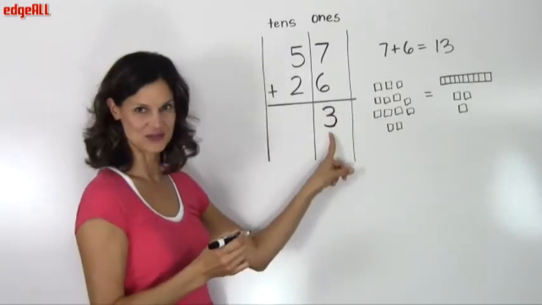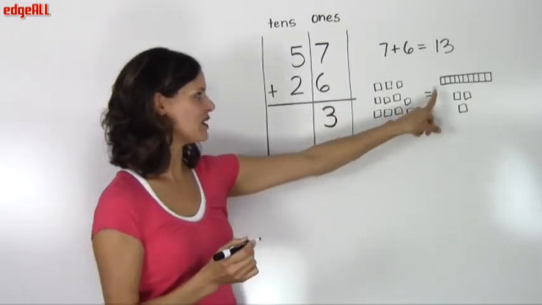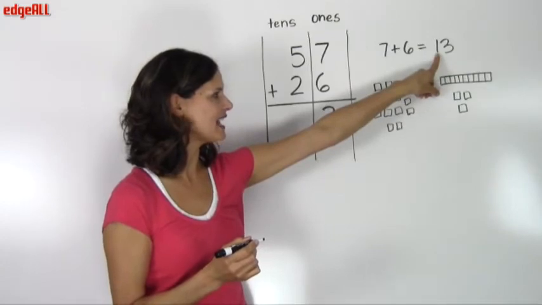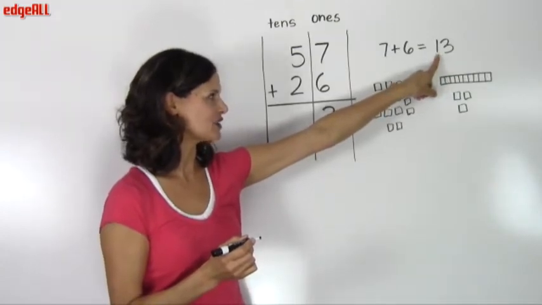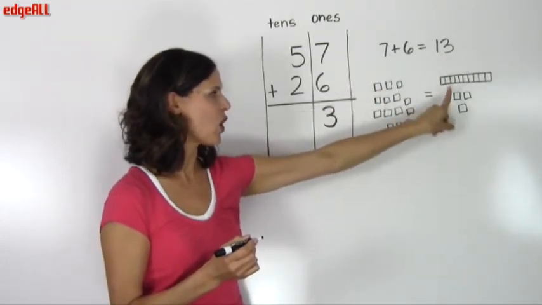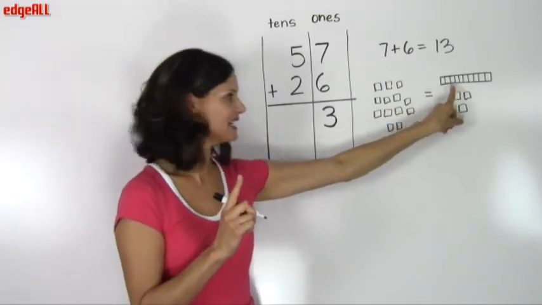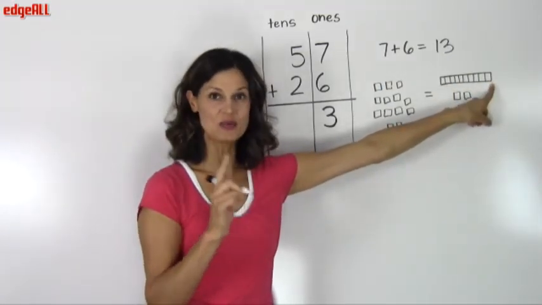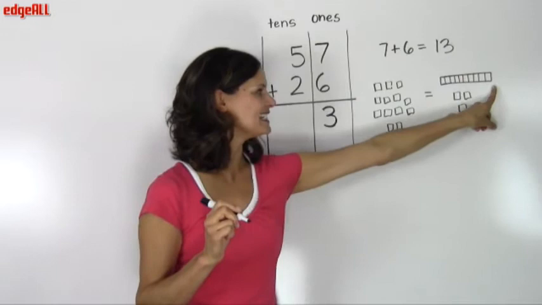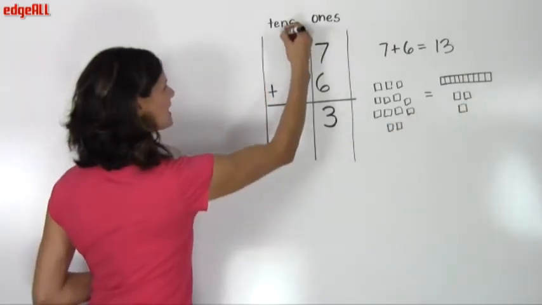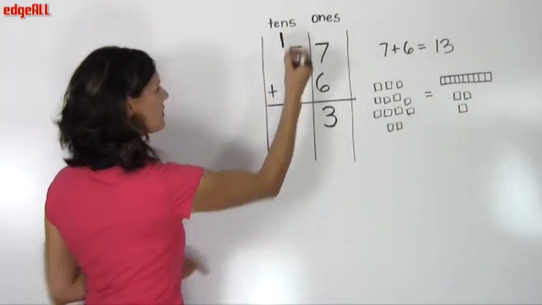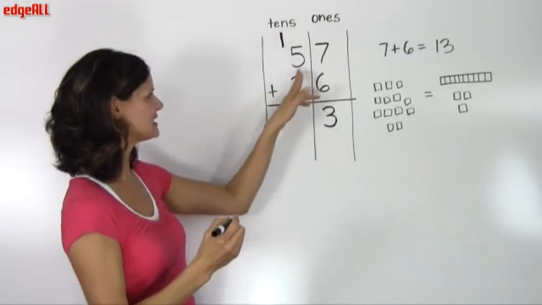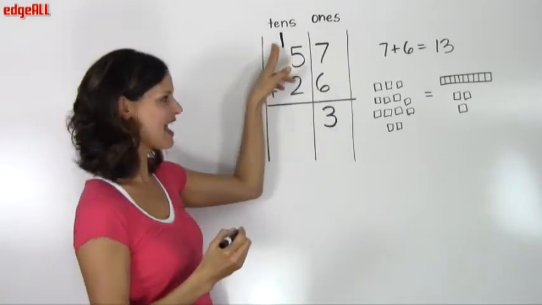Then we take the 1 from our answer, which is in the tens place, or we can think of it as 1 ten, or one group of 10, and we put it here in the column of the tens place up above the 5.